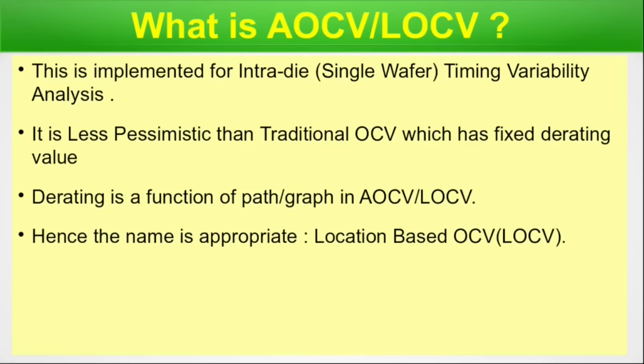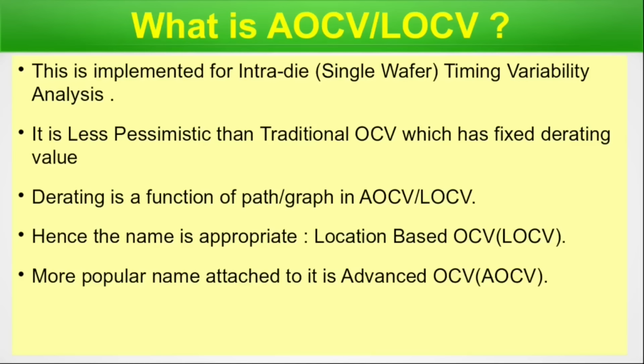Because in this location-based OCV, the locations are determined by the path. The more popular name attached to it is advanced OCV, that is AOCV. In the industry, the less common name is LOCV and the more common name is AOCV. So we are going to mostly call it by the name advanced OCV or AOCV.